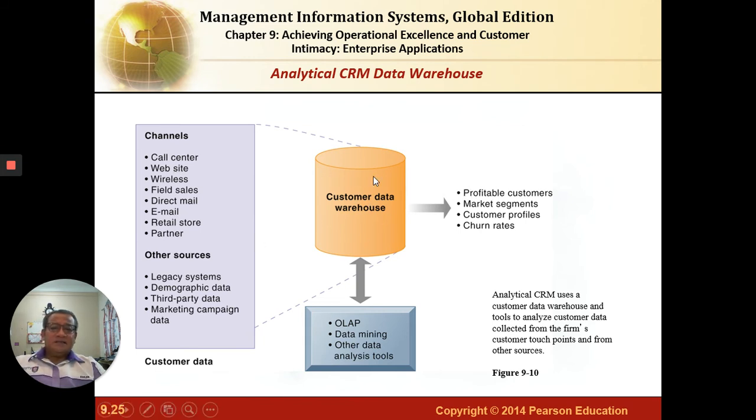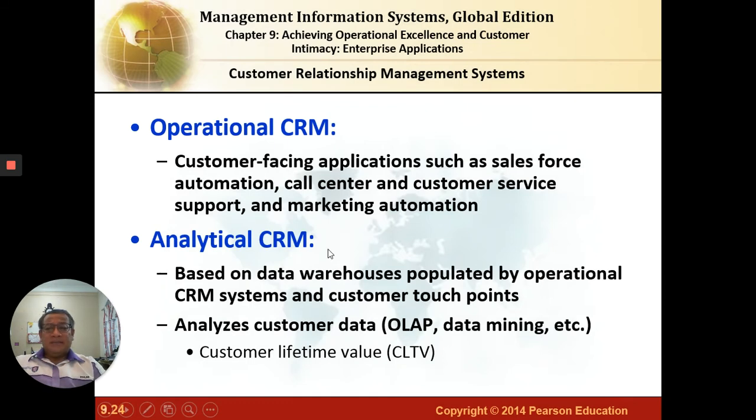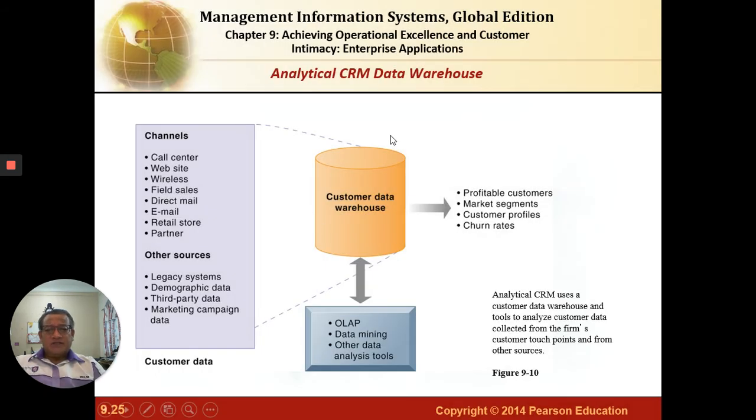So from this centralized database, managers can detect which customers are mostly contributing the big profit to the company, like from the purchase or from the service, and which segment of customers give better sales to the company, and so on. So these are basically what analytical CRM is doing for better decision making by managers at the company.